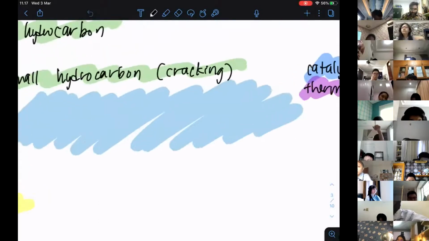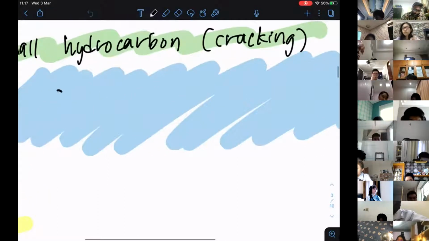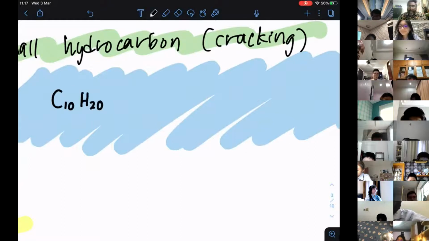If I write down the equation, for example, C10H20, and I want to break it down into smaller parts, let's say I'm going to break it into C5, and let's say I get an alkene, so C5H10, CnH2n.